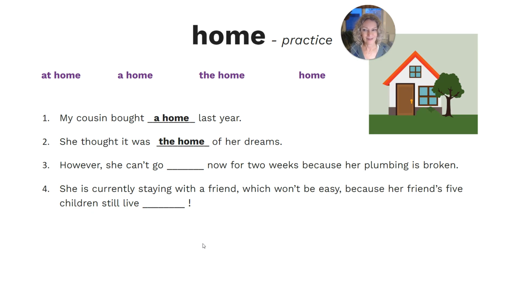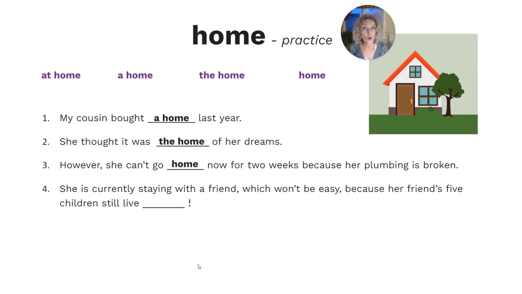However, number 3, she can't go blank now for 2 weeks because her plumbing is broken. So are we talking about an activity here at home, or are we talking about a direction in a homeward direction? The correct answer is home. Here we're using it like an adverb.